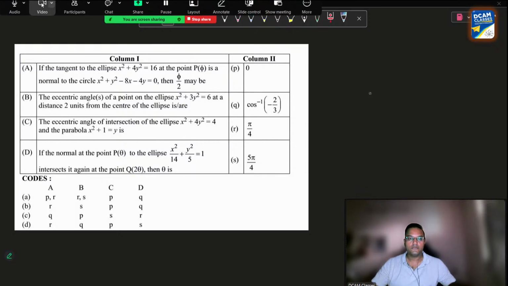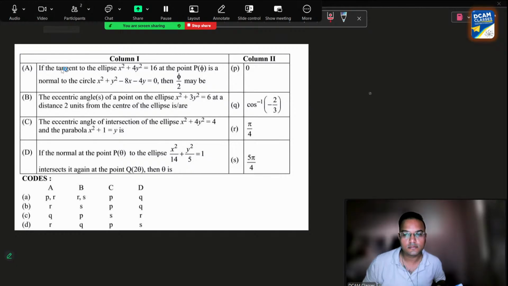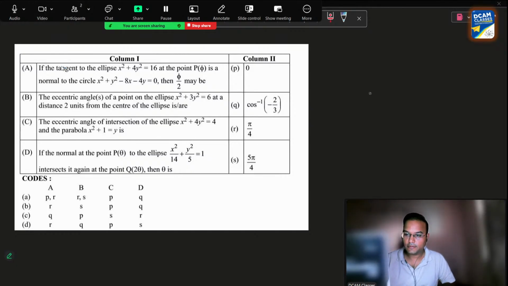I think I have one. Where's the book? Yeah, this one.